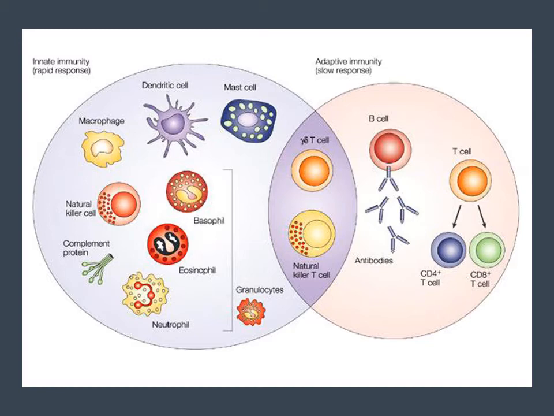And the adaptive immune system are those B cells and T cells. The B cells making those bullet type proteins called antibodies that are going to directly attach to foreign invaders. And then the T cells will divide into T helper cells and cytotoxic T cells called CD8 cells. Okay, and we'll go into more detail.